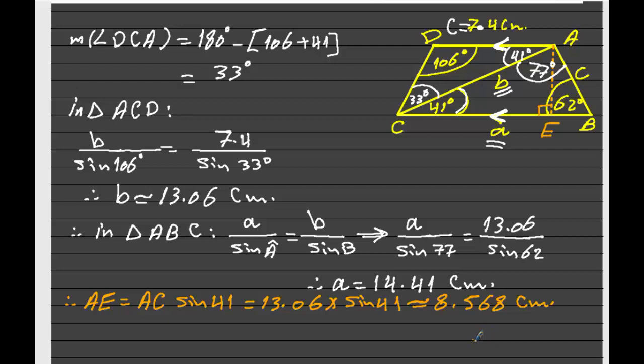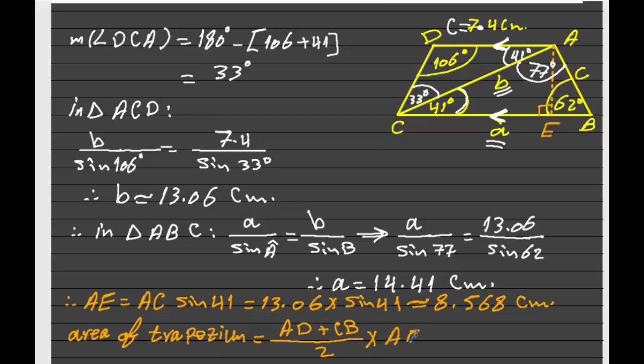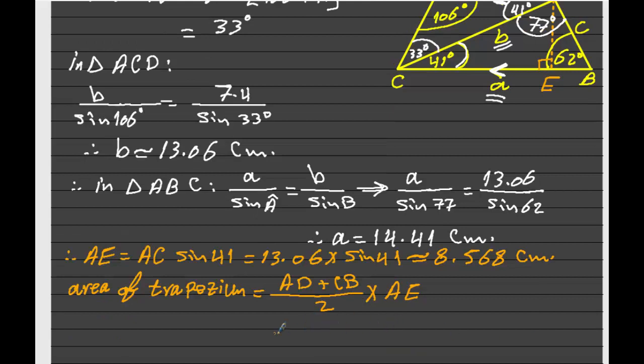Now what is the area of trapezium? Area of trapezium ABCD equals the sum of the two bases AD plus the other base CB, over 2, multiply its height AE. Now what is the length of AD?